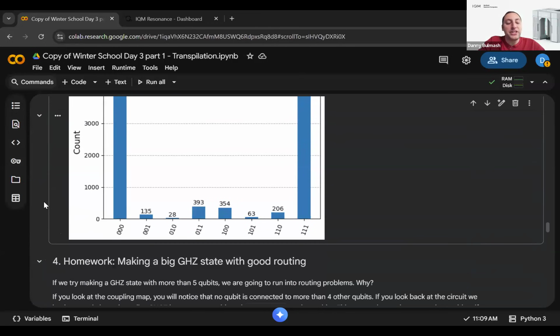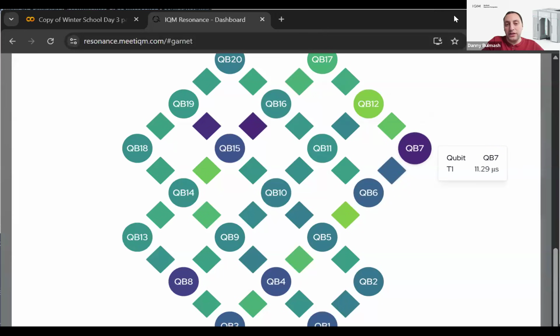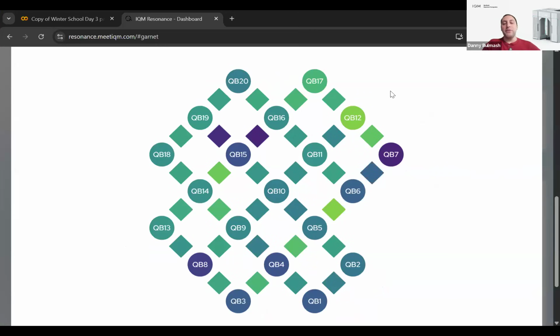All right. So I just want to mention that the homework for today is going to be to experiment with routing. So you're going to want to make a big GHZ state with more than 5 qubits. Now, I do want to mention conceptually why this is an interesting problem. If we look at the quantum circuit like this, if we want to work with 5 qubits, we can have these 5 qubits, for example, in the center here, 10, 11, 15, 9, and 5 all talk to each other.